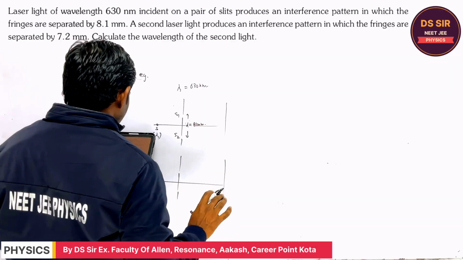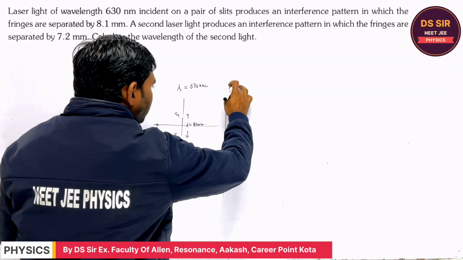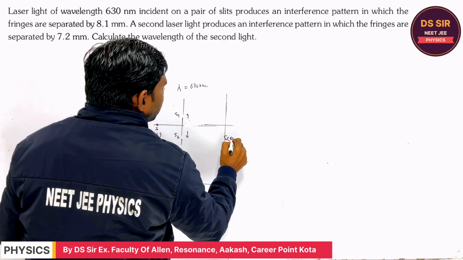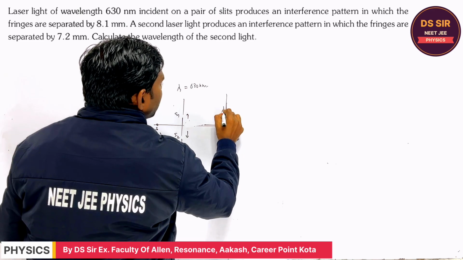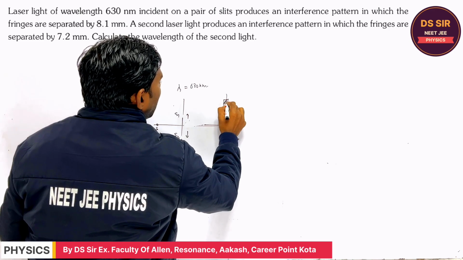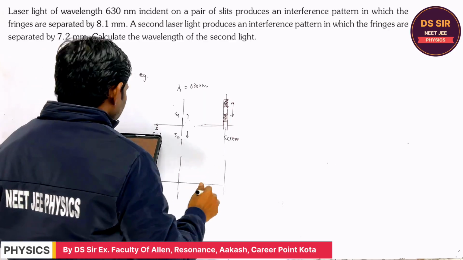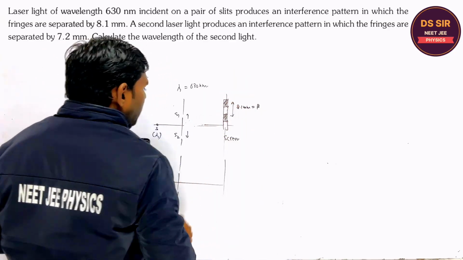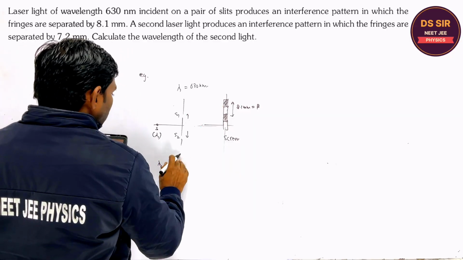Now the second laser light produces an interference pattern on the screen, and these are the fringes, right? The separation between the fringes is given as beta.